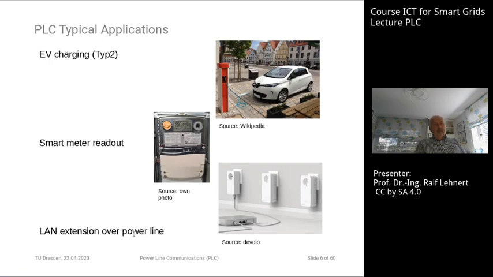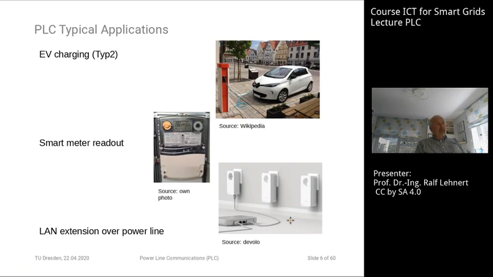So if you have, for instance, computers in different rooms in your home, but you don't have the LAN cabling, then you can use the internal power outlets for connecting your computer with your router and with the internet, and you can connect or interconnect your home computers or your printer or what else you are using in your LAN, or do video streaming from your network attached storage, your NAS, in one room to the TV set in another room.